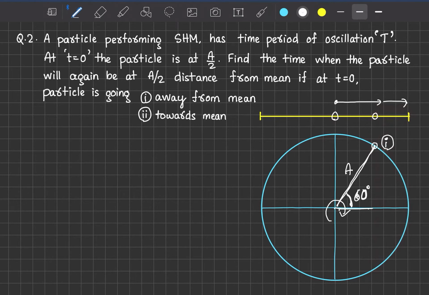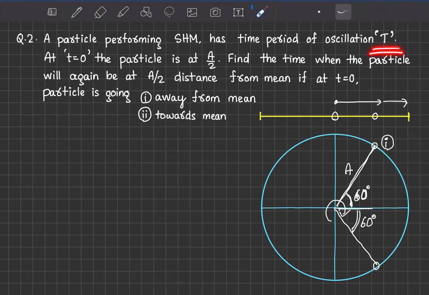So the particle should reach here. By symmetry we can see that this angle should also be 60 degree, because this was a by 2 and this was a. That means the particle needs to cover 120 degree in the circle.